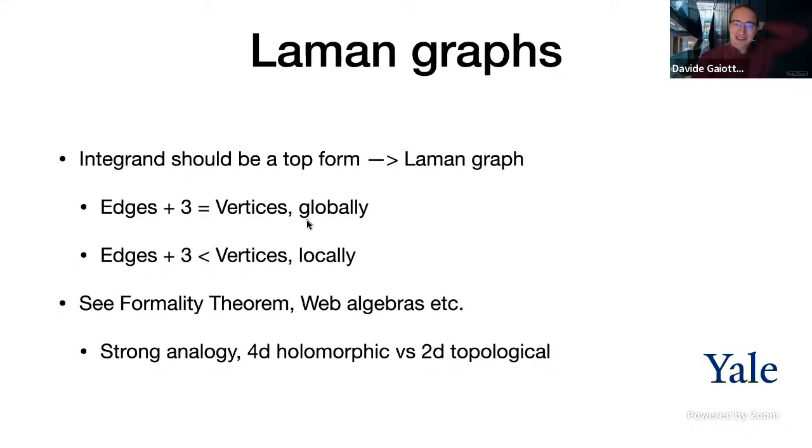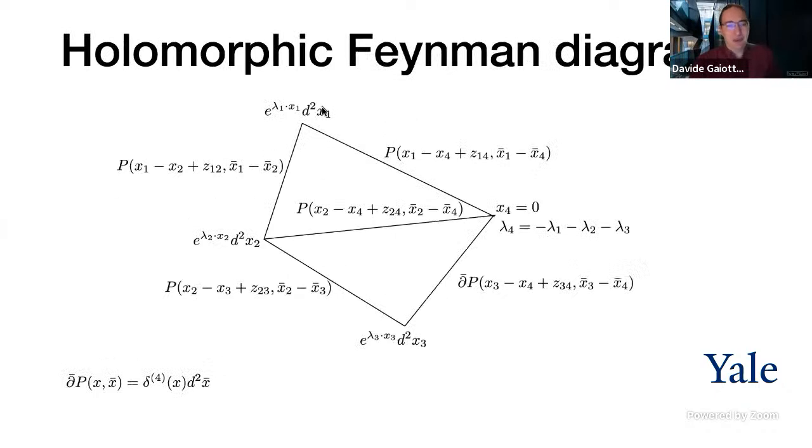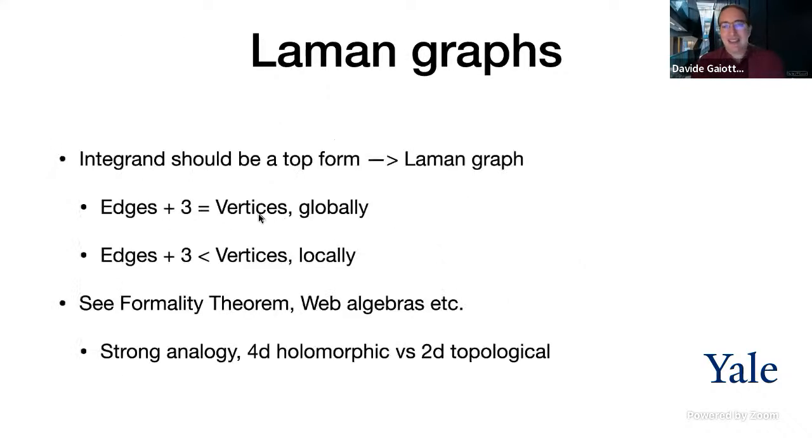For example, here you want to have a 0,6 form wedged with this 6,0 form, and you have 1, 2, 3, 4, 5 propagators plus a del bar, so that works. In general, the number of edges plus 3 equals the number of vertices. And there is also a local constraint that the number of edges plus 3 should be smaller than or equal to the number of vertices for every subgraph.